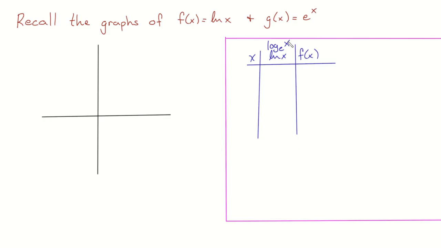E to the 0. And based on the definition of a log, this thing equals f of x, or y. If I want this to be 0, I need log base e of x to equal 0. That's ln of something equals 0.